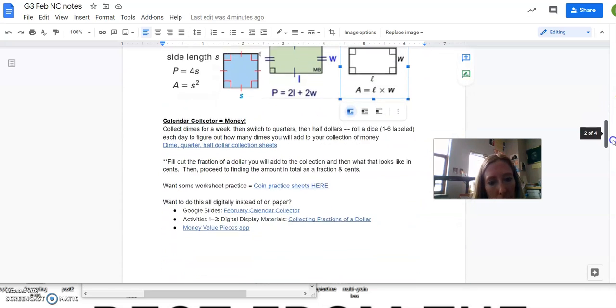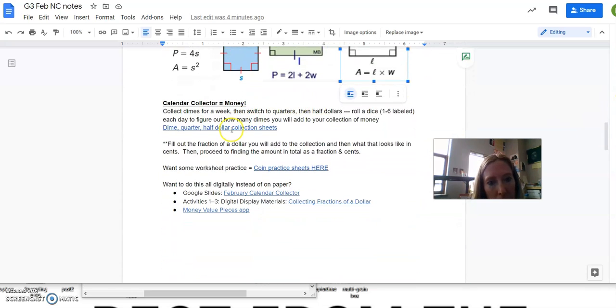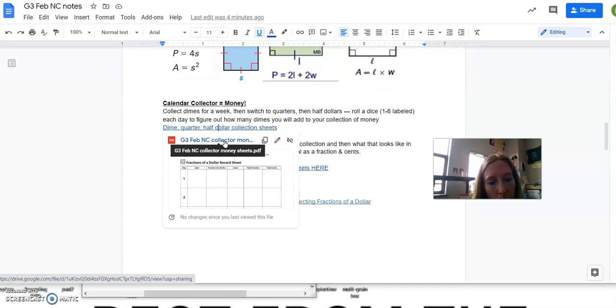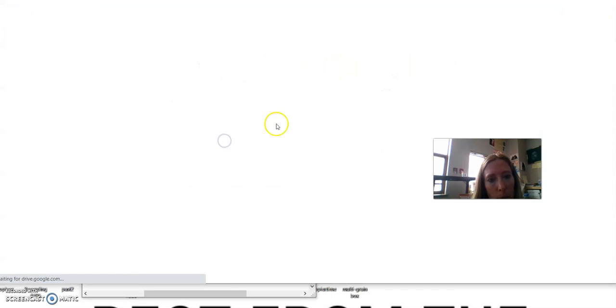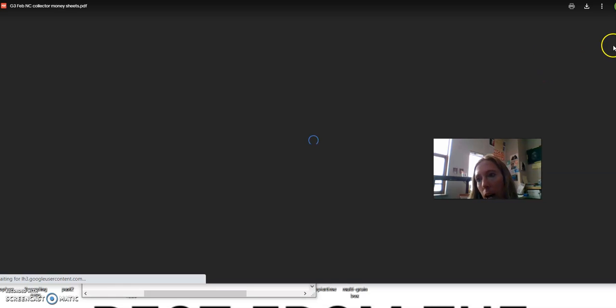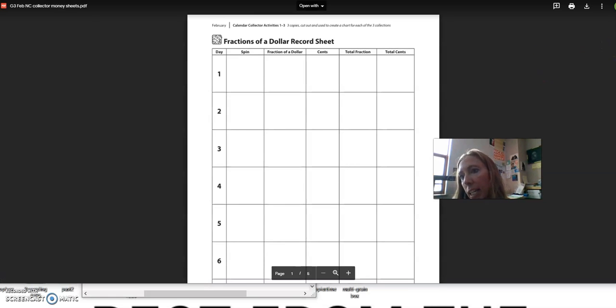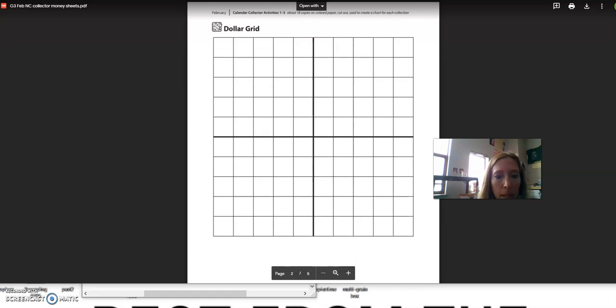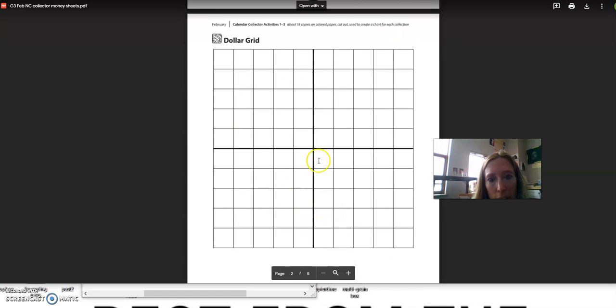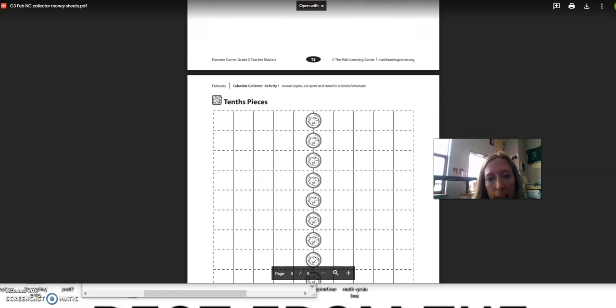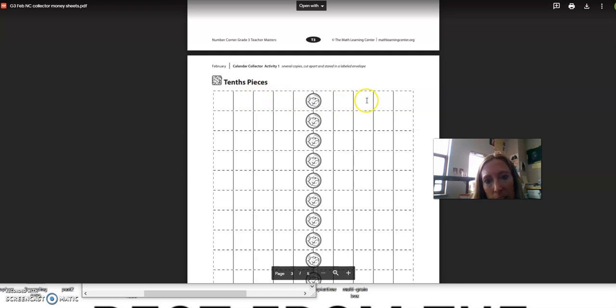So if you scroll on down to Calendar Collector and money, here are the things you would need to have printed. If you're collecting dimes, that's what they recommend the first month, you'd have some dollar grids taped up, and then you'd be taping on these dimes.